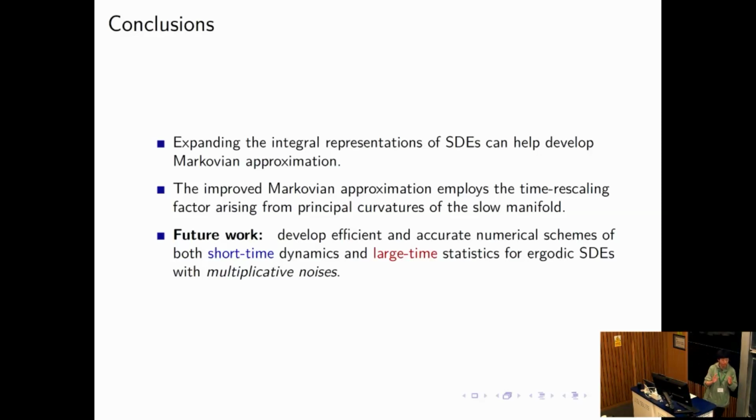Otherwise, there is some systematic bias due to the Ito effects. Secondly, we find that approach 2 has a very nice geometric interpretation because it rescales the time along the principal curvatures. So this opens the window to combine this large scale reduced modeling with manifold learning techniques.